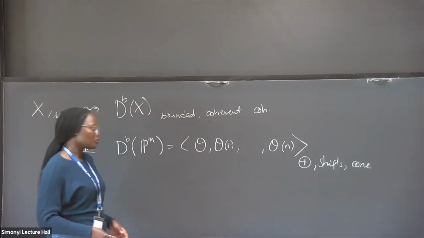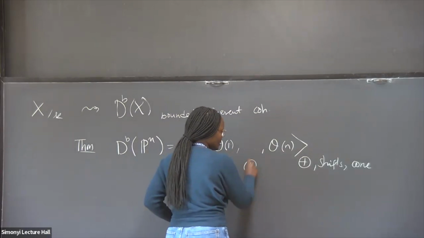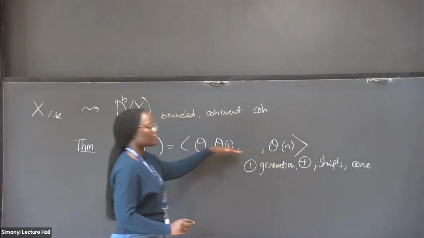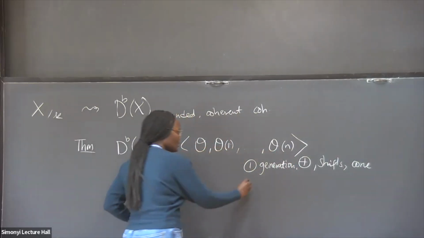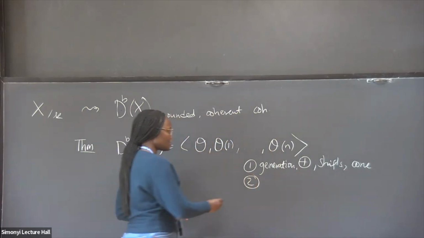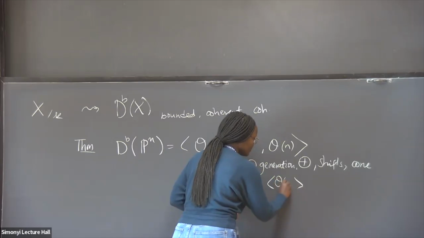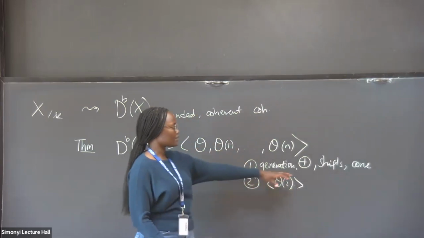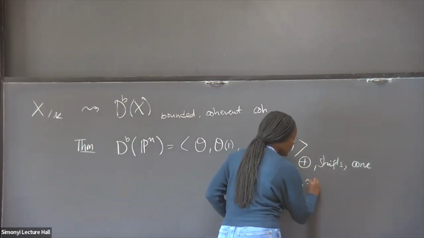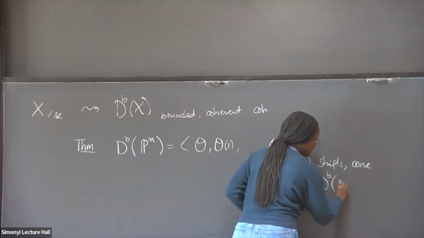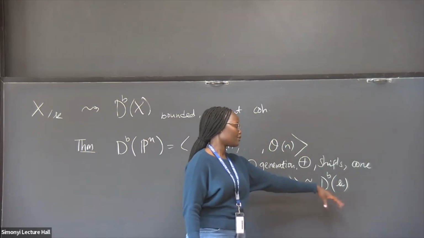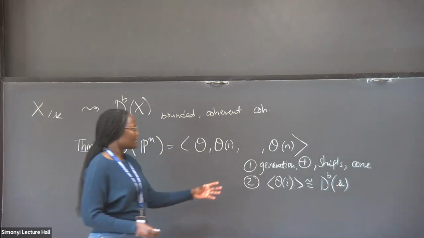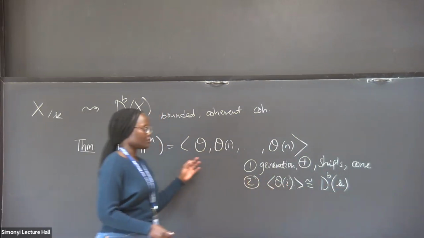And in fact, more is true. This first property is what I'll call generation: this list of line bundles generates this derived category. Second, for each such line bundle, the subcategory it generates with these operations is basically the bounded complexes of finite dimensional vector spaces over K. So in a sense, these are very, very simple objects that you use to build everything.